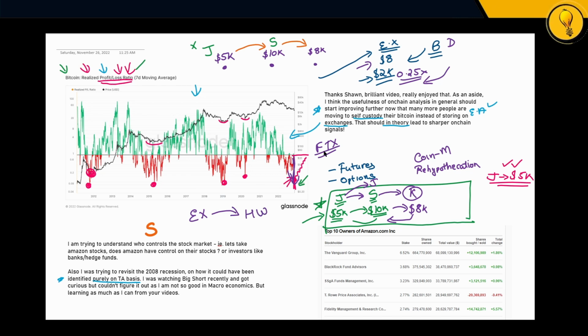So in this case, even though they have not realized a loss, the on-chain metric would record them as realizing a loss because they have spent their Bitcoin according to the on-chain metric, right? Because as long as they've moved it, even if it's from their exchange wallet to their personal hardware wallet, it's going to be recorded as a realized loss.